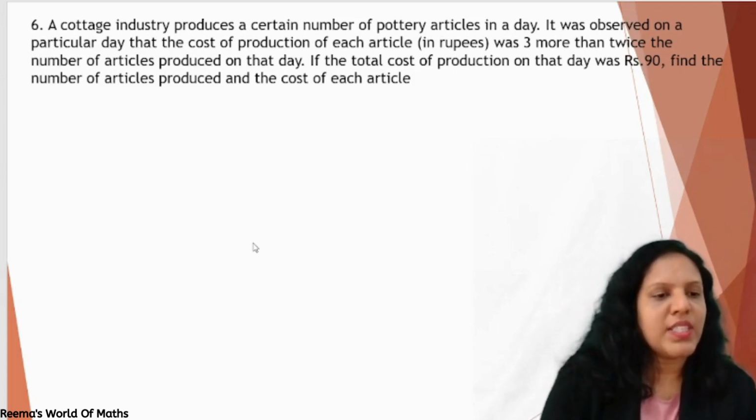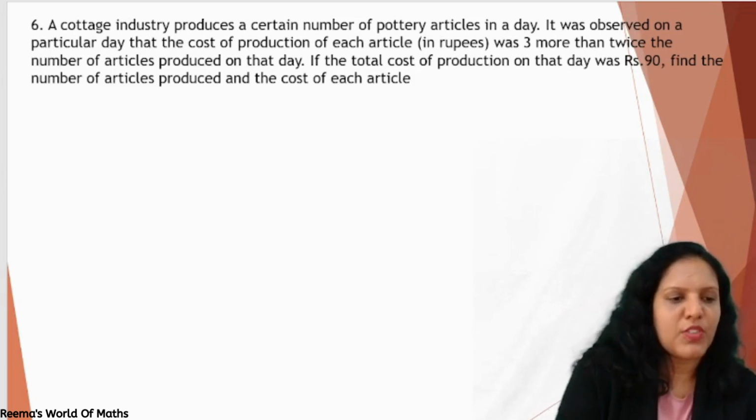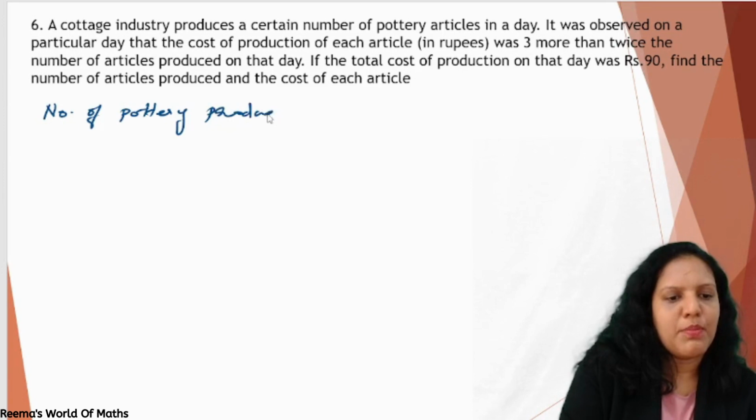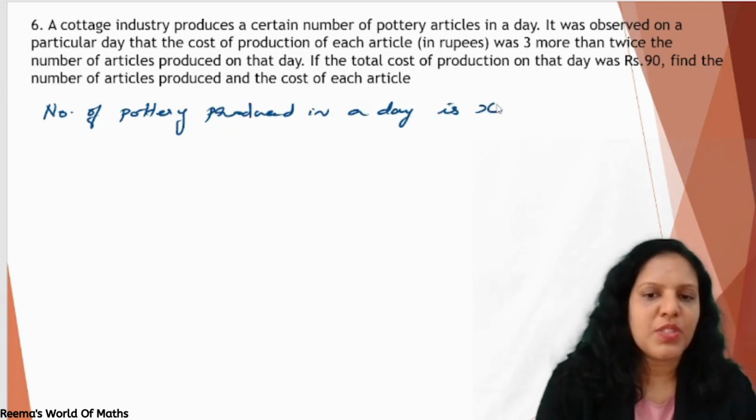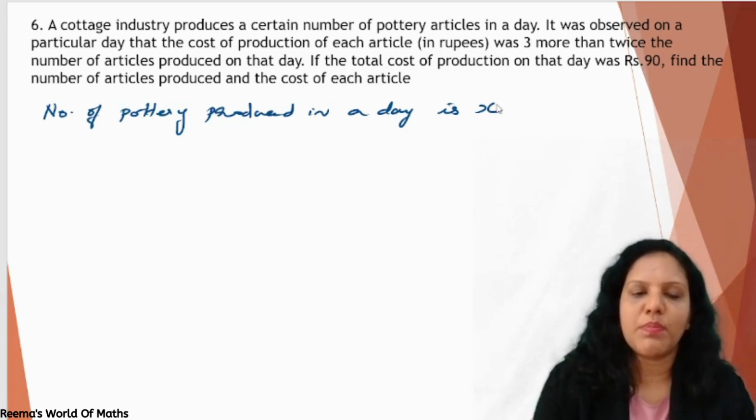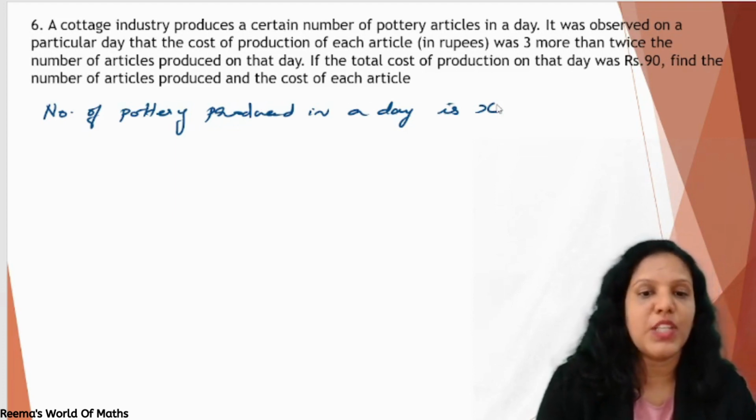So let's see, a cottage industry produces a certain number of pottery. So the number of pottery produced in a day, let it be x. It was observed on a particular day that the cost of production of each article, so each pottery article, is 3 more than twice the number.